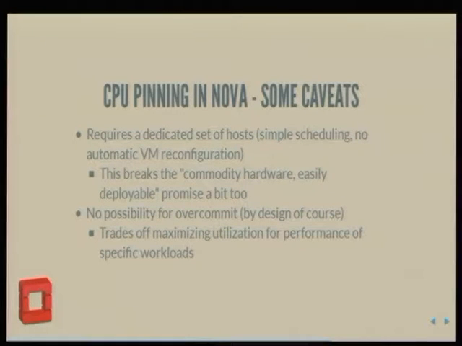So the problem, and where this abstraction breaks a little bit, like with large pages, you want to have a separate set of hosts where you place these VMs, because mixing workloads that don't care about performance and the ones that do is a little bit tricky, or an unnecessary complexity that we don't want to handle in the code.